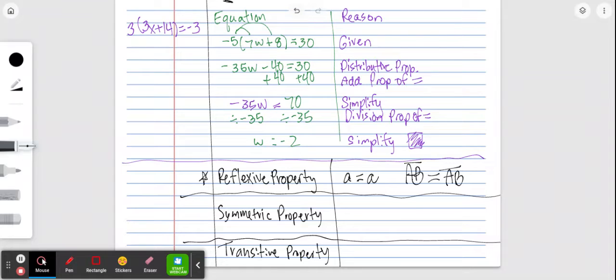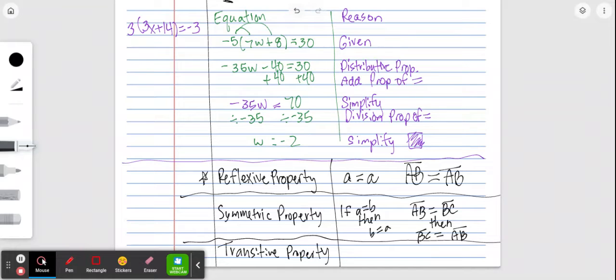The symmetric property says that if A equals B, then you can flip it around and say B equals A. Or if you said side length AB equals side length BC, then you would know that side length BC equals side length AB.